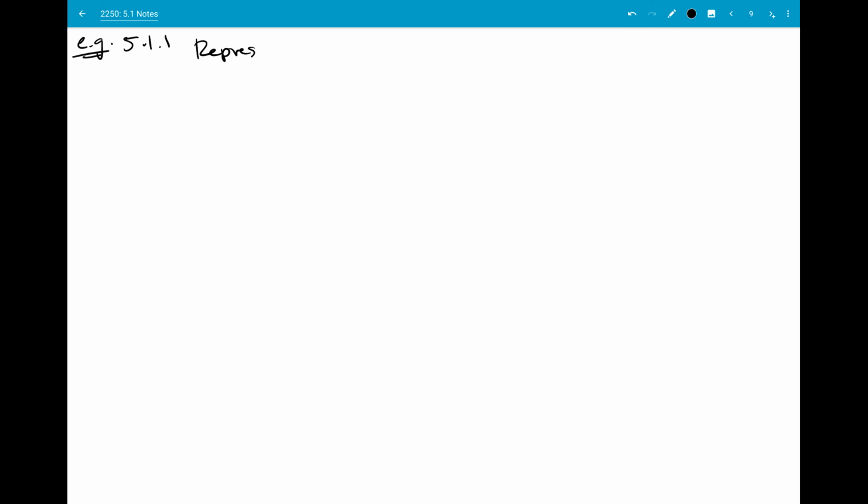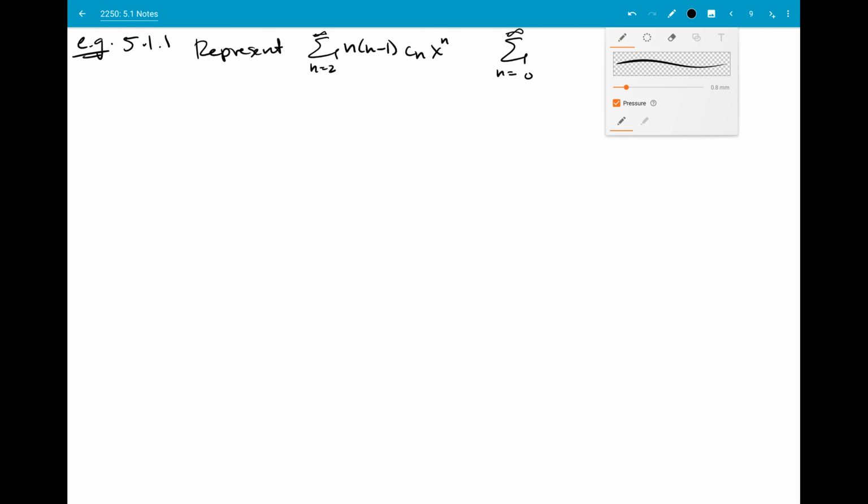And what we want to do is represent this infinite series: the sum from n equals 2 to infinity of n times n minus 1 times cn x to the n minus 2, minus, I'm sorry, I want to subtract right there, minus the sum from n equals 0 to infinity of cn x to the n plus 1.